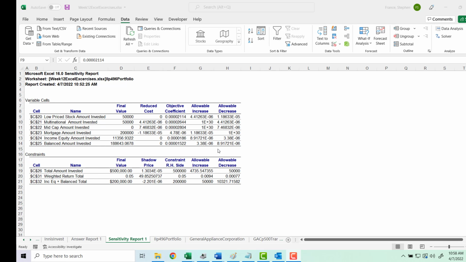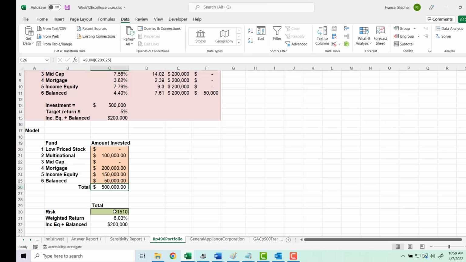Now, the sensitivity analysis is very difficult to interpret. The reason it's difficult to interpret is basically, remember, the reduced cost would be the change in the objective value required to either add something to the solution or remove something from the solution. Now you see that these values are very small, and that's basically because the objective coefficients are very small.